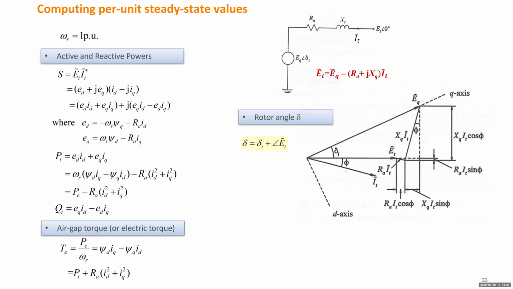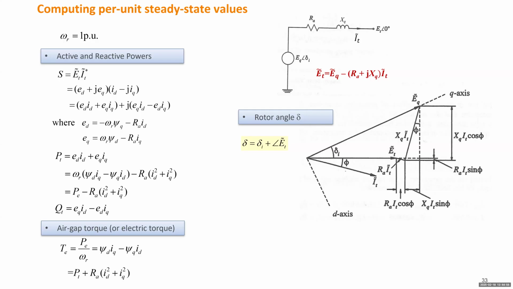If this current is lagging the voltage, phi will be negative. Or in other words, if you define phi to be the angle by which current lags the voltage, phi will be positive. Anyway, current will be behind voltage by angle phi.